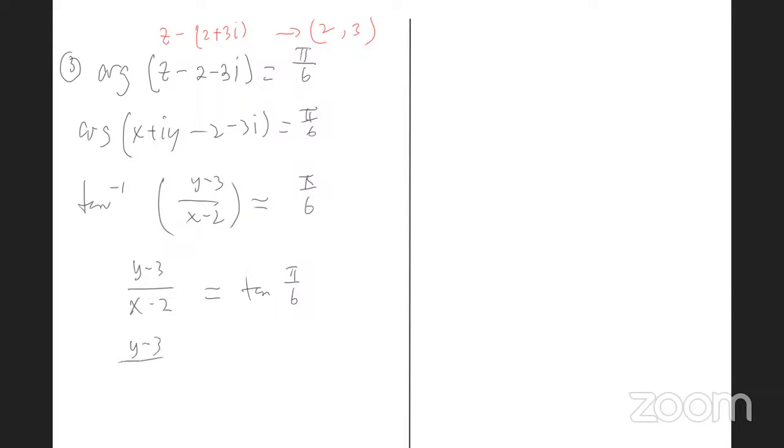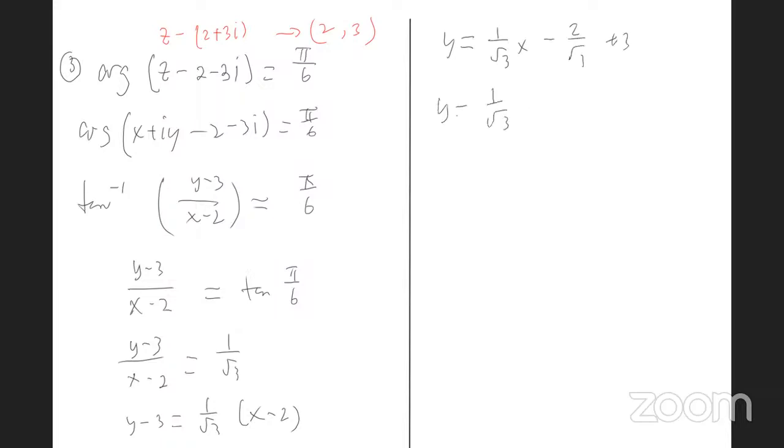So that's y minus 3 over x minus 2 is equal to 1 on root 3. Not looking too nice, but we'll get y minus 3 is equal to 1 on root 3 by x minus 2. So y is equal to 1 on root 3 x minus 2 on root 3 plus 3.